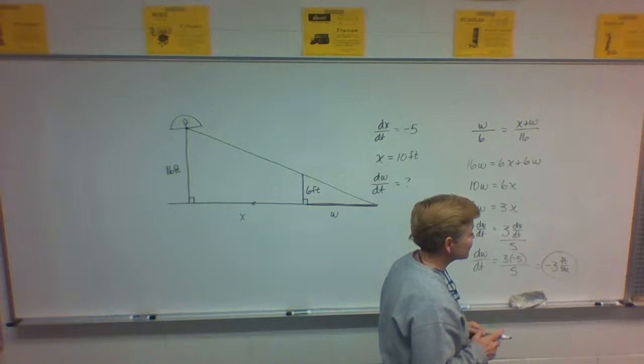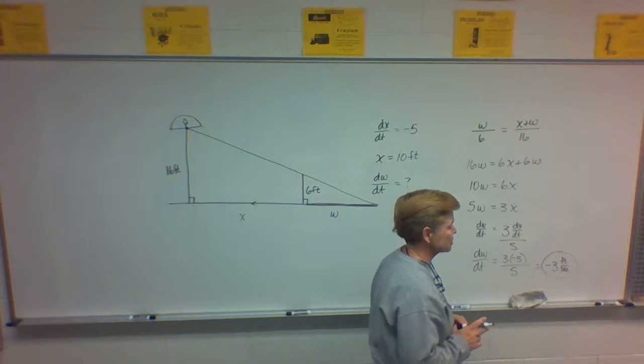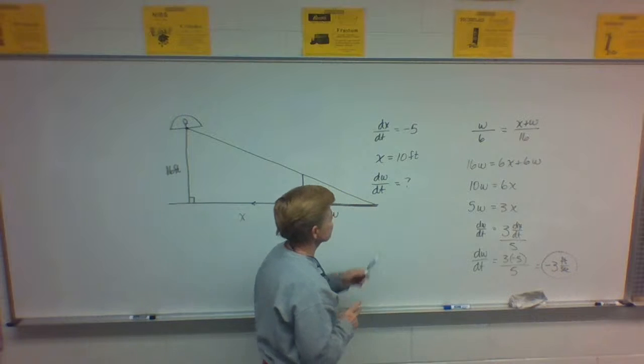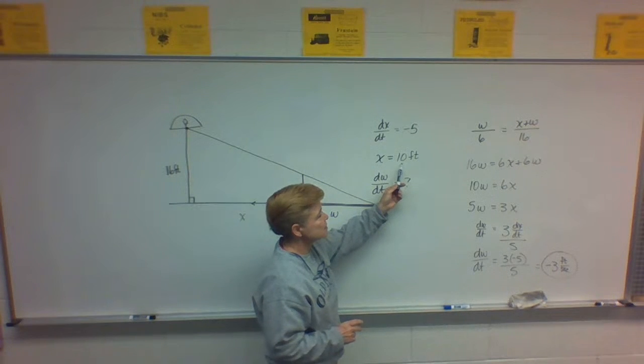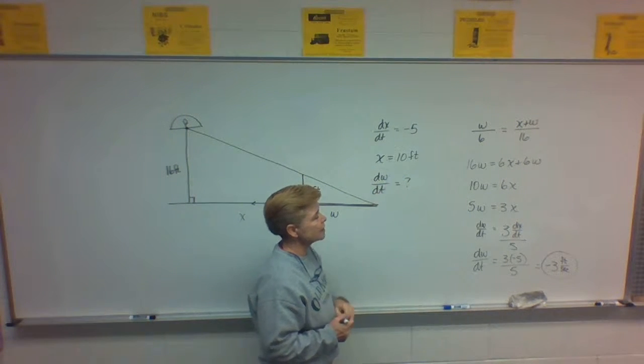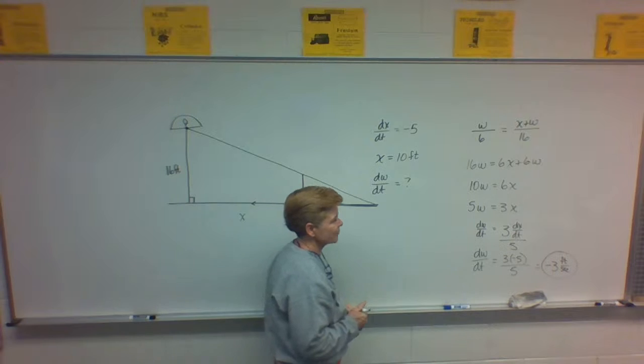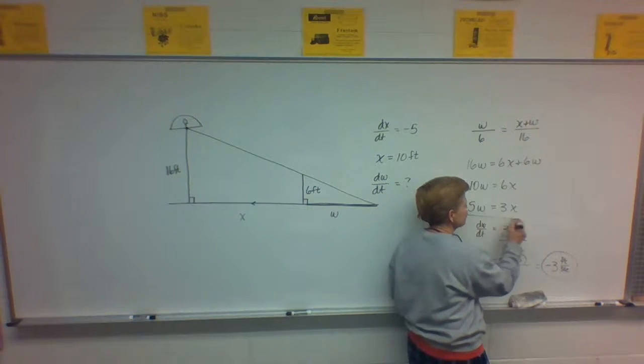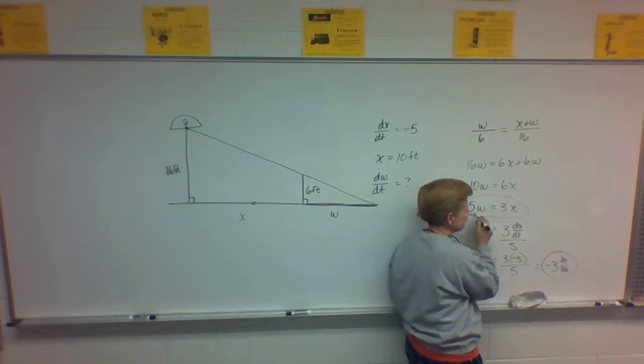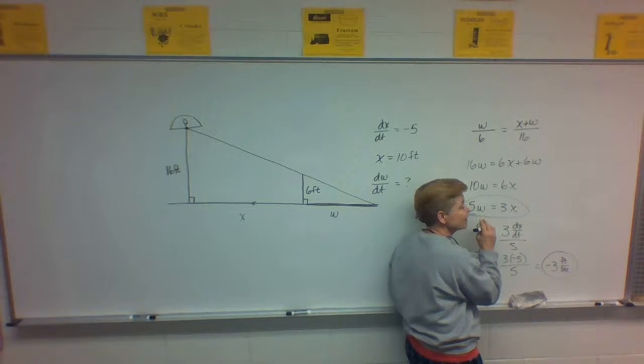What's weird about this one is that this never came into it. We never put that 10 in anywhere. How come? Because the thing we derived was linear, and the derivative, or the slope, of any line is a constant.